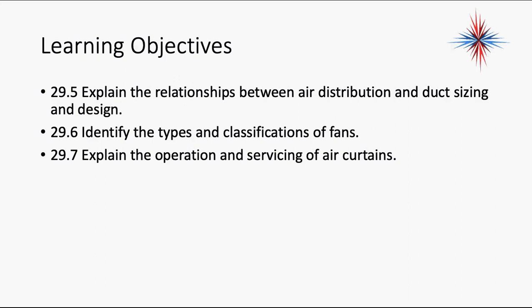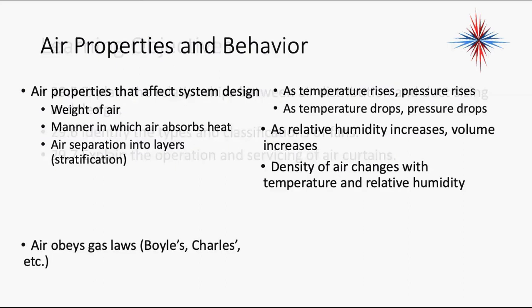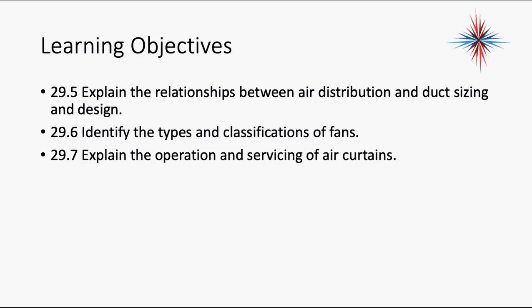Okay, explain the operation and servicing of what we call air curtains. Okay, an air curtain is just a barrier to the outside environment. We use them a lot, and in some places you don't even realize we're using an air curtain, but we're using an air curtain. Okay, believe it or not, in the shop, for those of you who are around that, if you think about the shop, you have that big open face cooler.